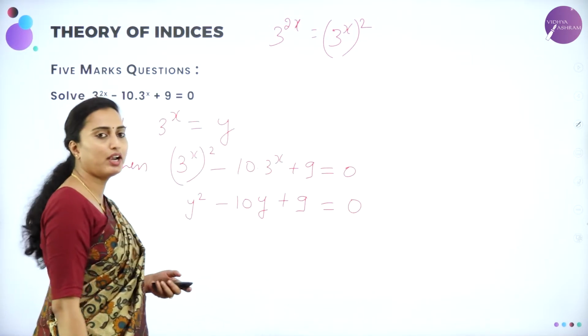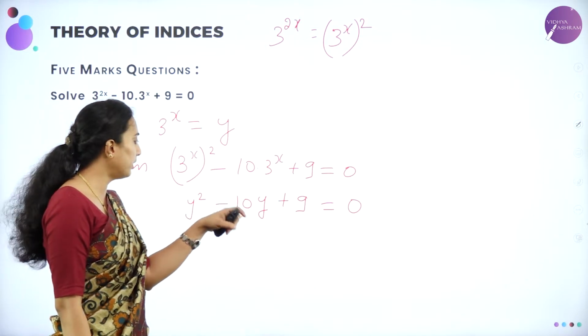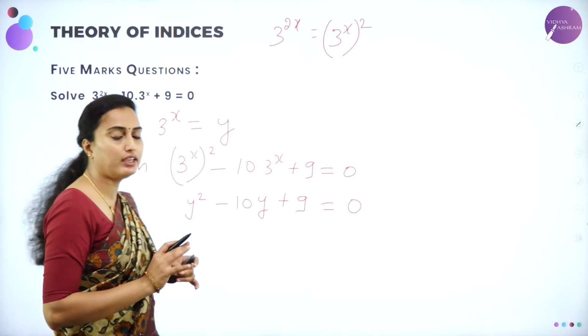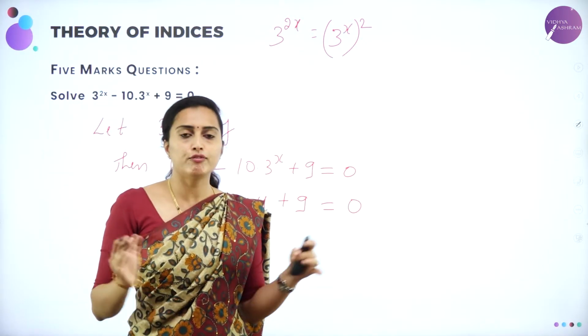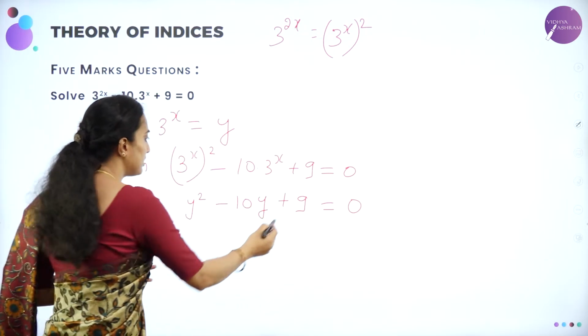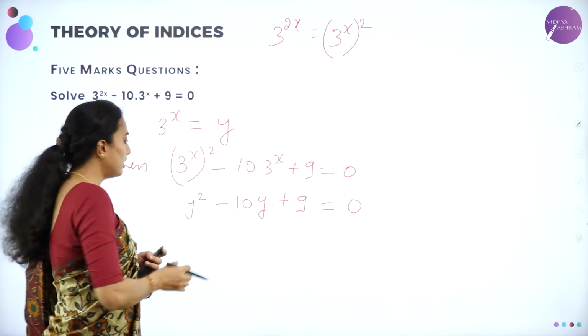I can solve this quadratic equation: y squared minus 10y plus 9 equal to 0. If you multiply, you should get 9y squared. If you add or subtract, you should get 10y. Correct? Because 9 into y squared is 9y squared, 10y.